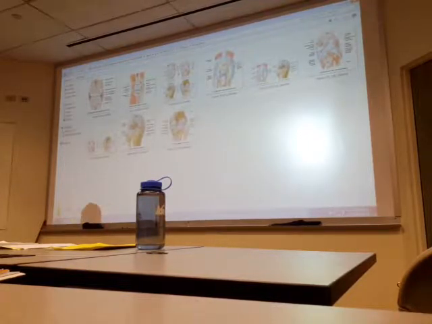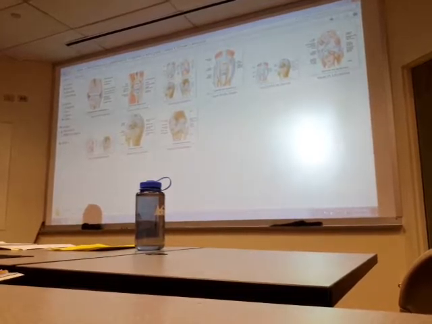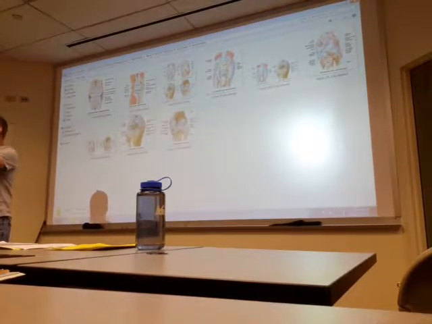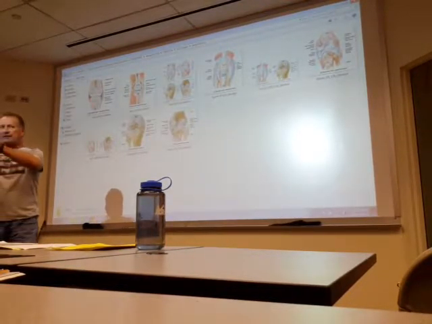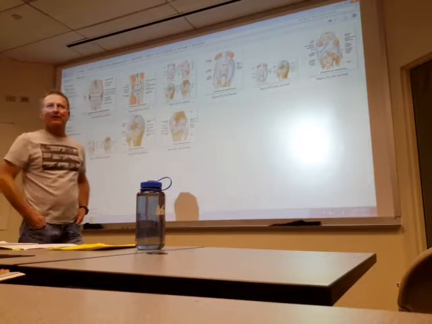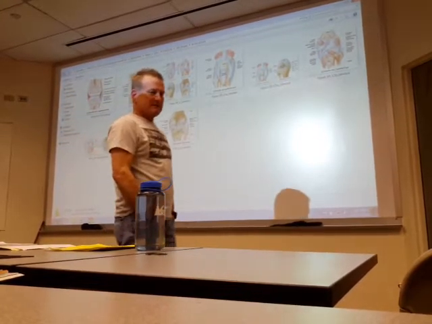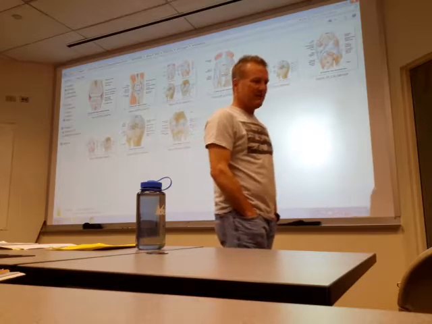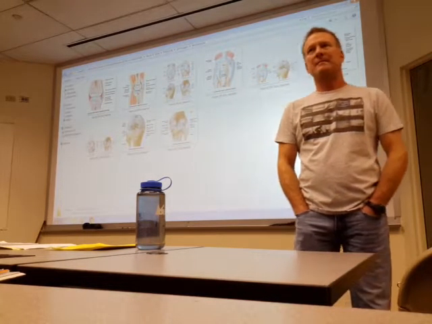If you were going to name this joint, what would you call it? The distal blank. Radio-ulnar joint. The distal radio-ulnar joint. So fibrous, but slight movement upon rotation.